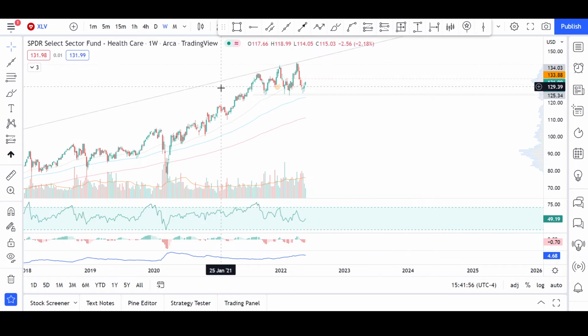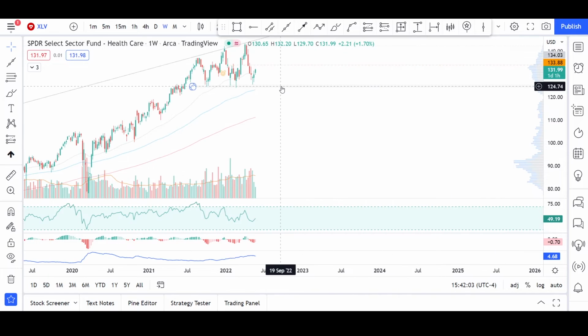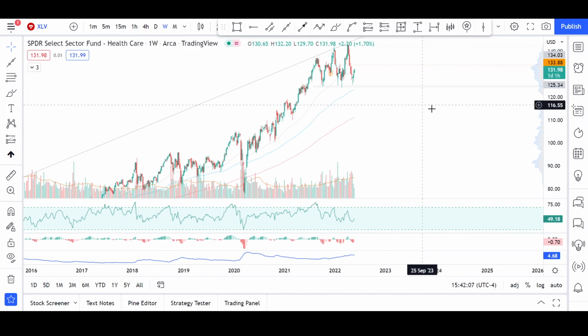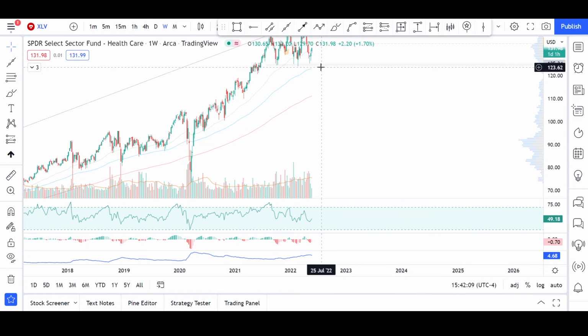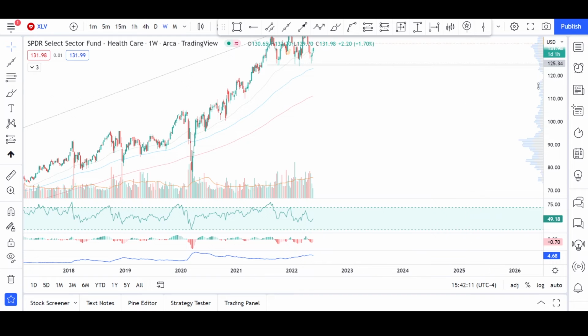Otherwise, if this select sector fund breaks through 125 to the downside, we should observe quite a more extended sell-off.